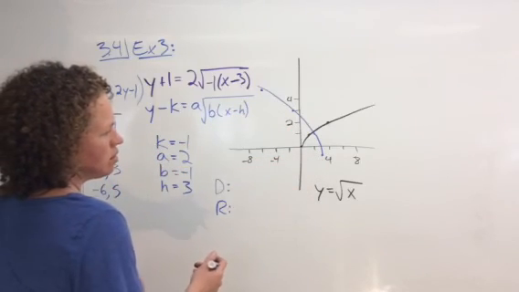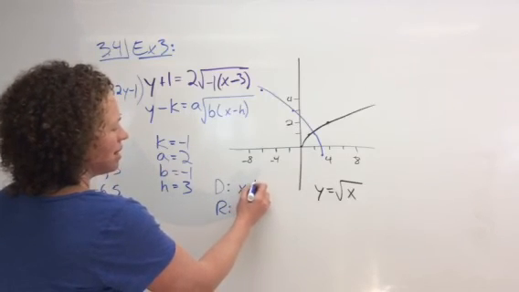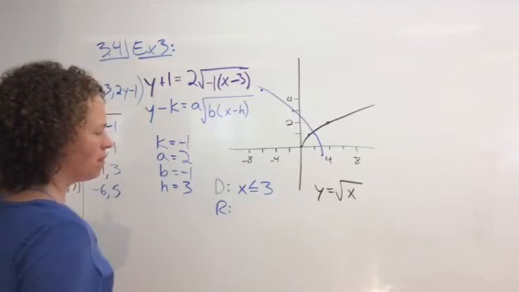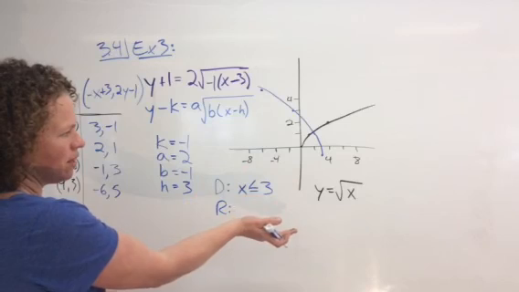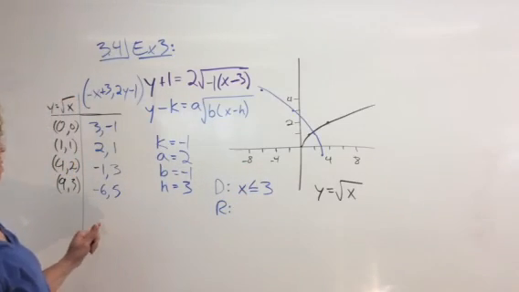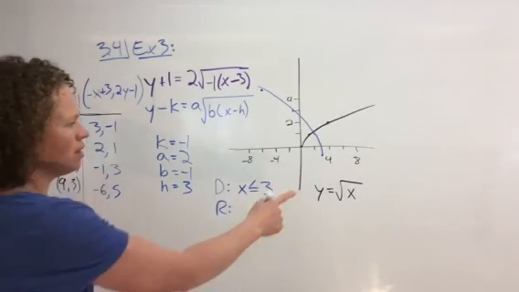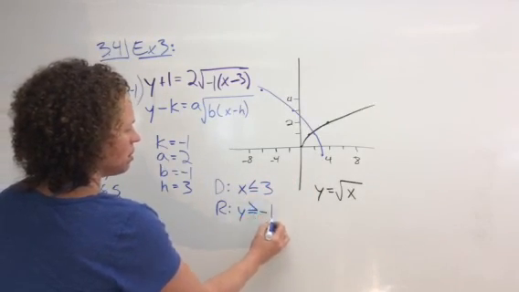So 3 would be my boundary. X is less than or equal to 3, because it's coming this way. My range is my up and down value, and I can see from my chart that the lowest range value is negative 1. It's that point right there. So y is greater than or equal to negative 1.